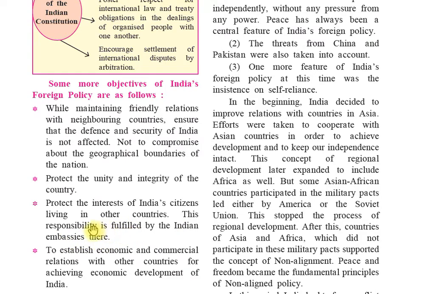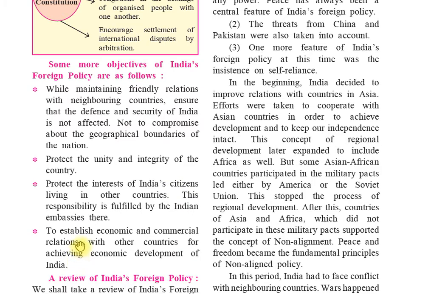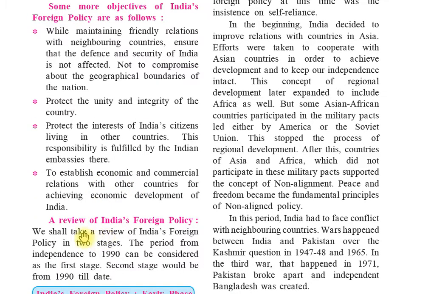So our Indian embassies are given the responsibility, and they take care to protect the interests of the citizens. Another objective is to establish economic and commercial relations with other countries for achieving economic development of India. If we want to achieve economic development, we should have good economic and commercial relations with other countries.